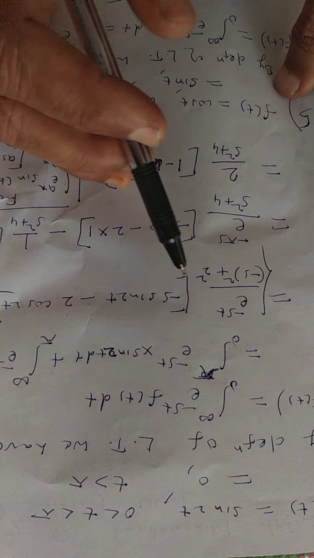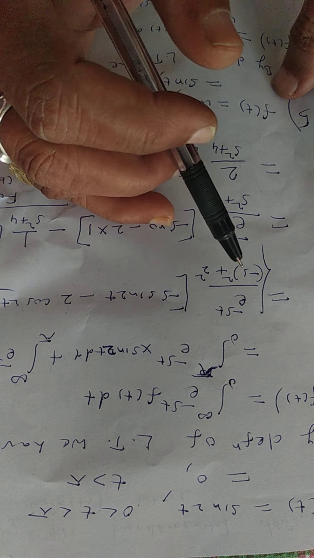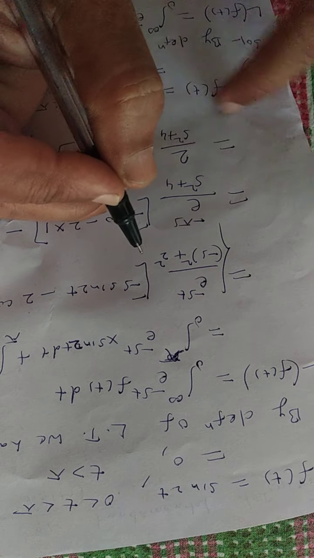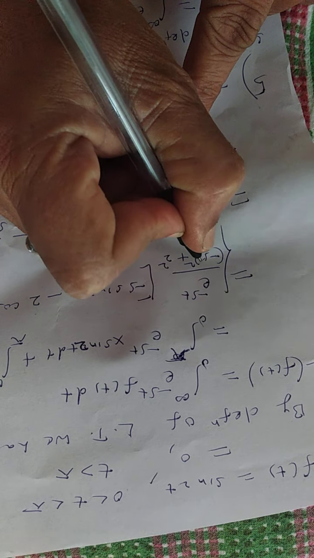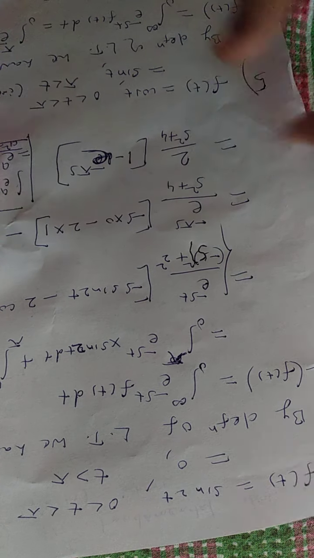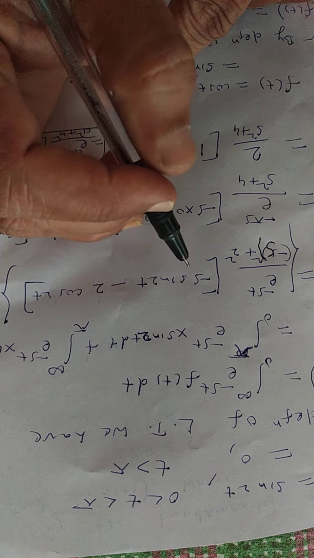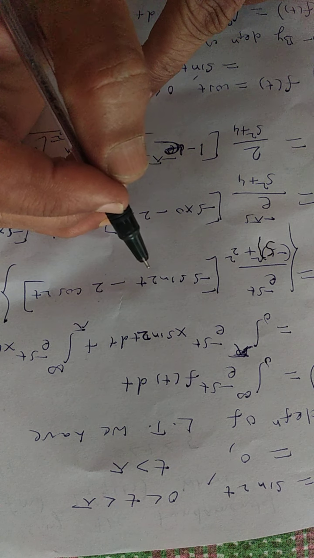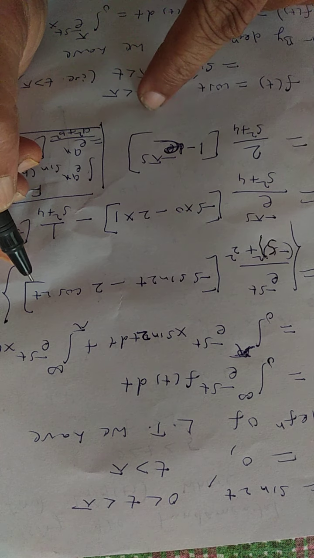So putting these values, we get e raised to minus st divided by (minus s) square plus 2 square, into bracket a is minus s, a sin(bx plus c), that is minus s sin 2t, minus b cos(bx plus c), minus 2 cos 2t.